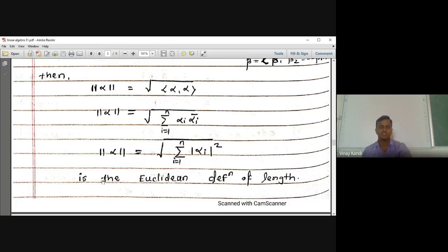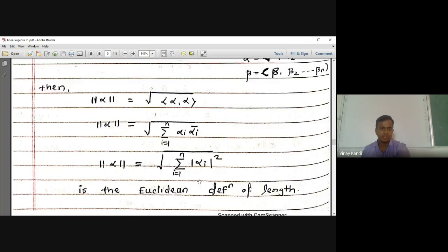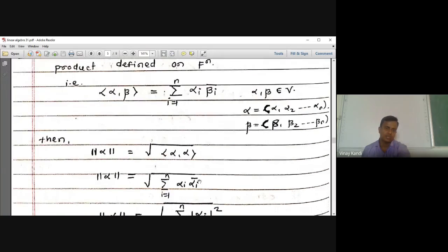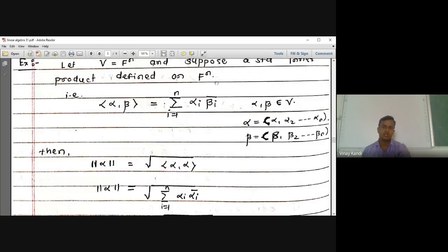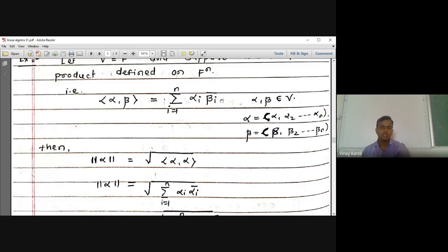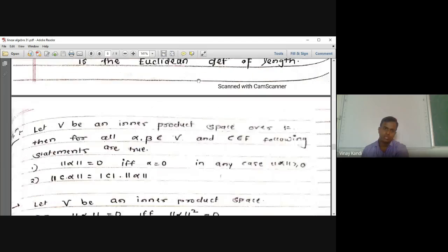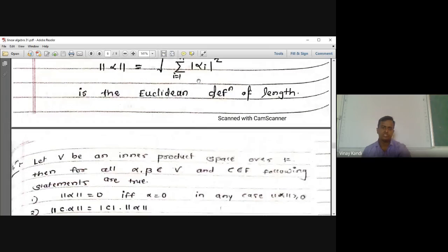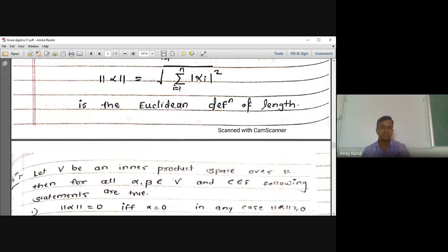Why Euclidean definition? Because here we have taken F as F^n, with n coordinates. Take n equal to 2, and in place of F, if we take the set of real numbers R, then F^2 becomes R^2, which is nothing but the plane.